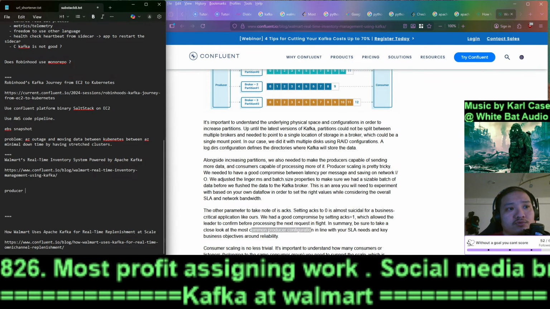The producer produces messages to a shard or partition, which is streamed to the consumer, right?